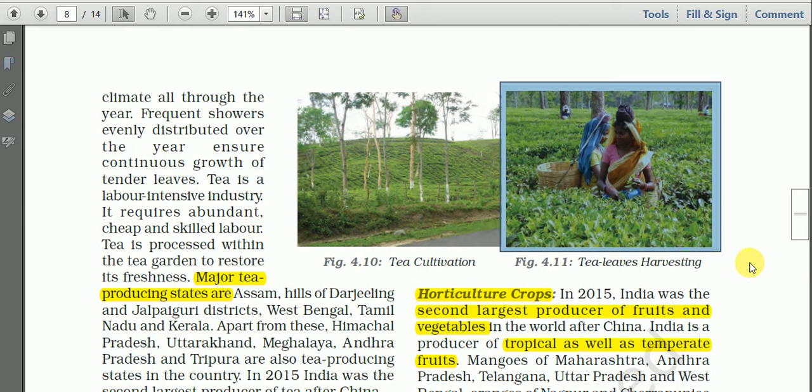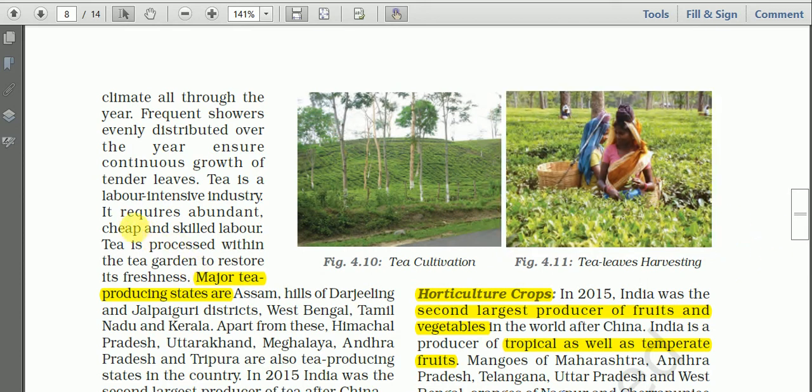We need a lot of labor for plucking the tender leaves, which requires cheap and skilled labor. Actually cheap, because these laborers are employed from the nearby areas, from the surroundings or from migrant laborers, and that is why cheap.